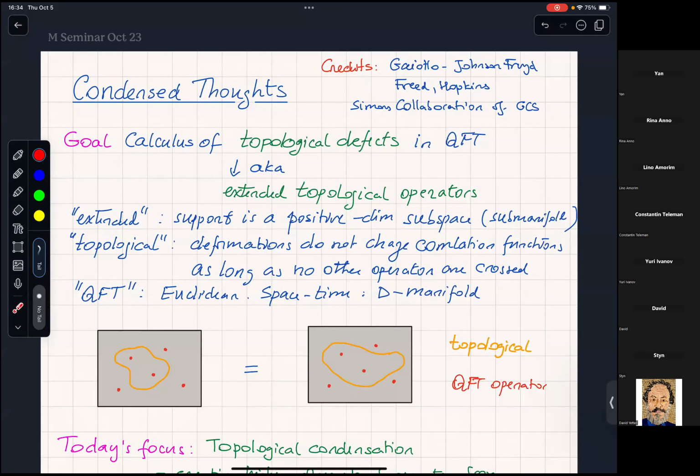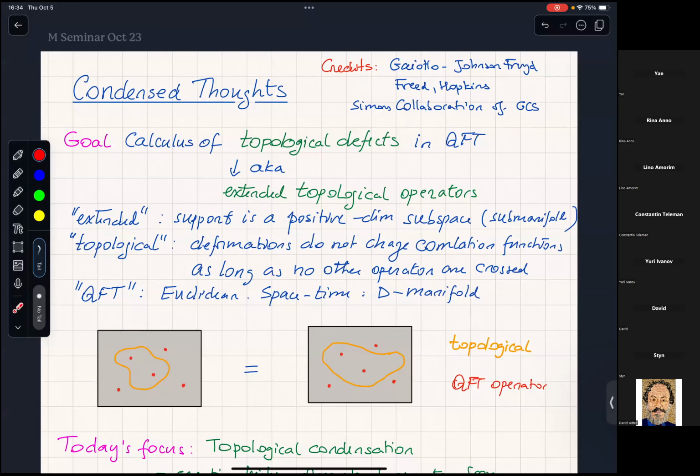So I'm not going to get anywhere near there. I'm going to stay down to earth with topological operators. And these thoughts are described by this ongoing discussion with my collaborators, Mike Freedman, Dan Freed and Mike Hopkins. And I learned a lot of what's happening with this in physics and symmetries from my colleagues in the Simons collaboration.